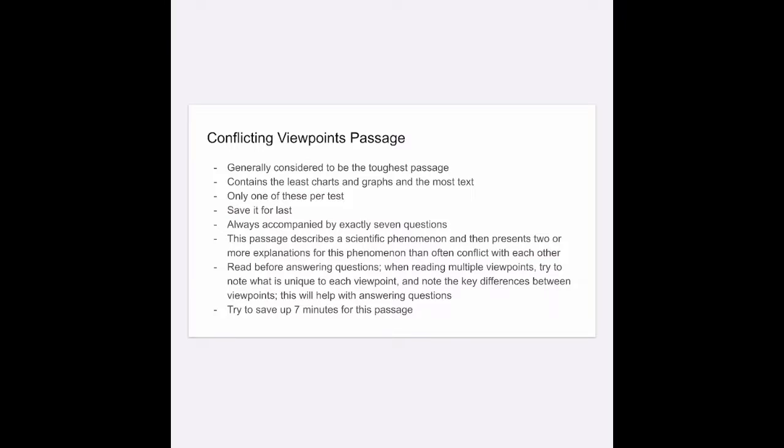It's also accompanied by exactly 7 questions, like the research summary, but the difference is what it tests. So here's a good description of this passage.